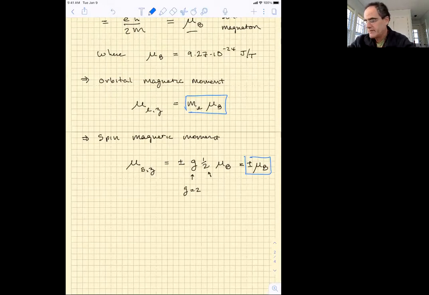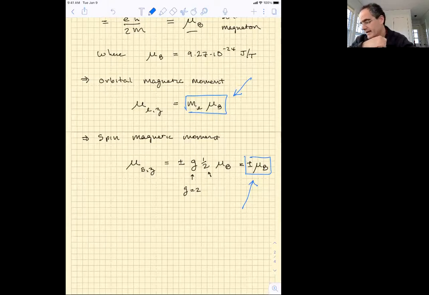In any event, because of this, atoms in magnetic materials can possess magnetic moments. And in a strong magnet, all of the magnetic moments of the atoms will line up to produce a strong macroscopic magnetic field.